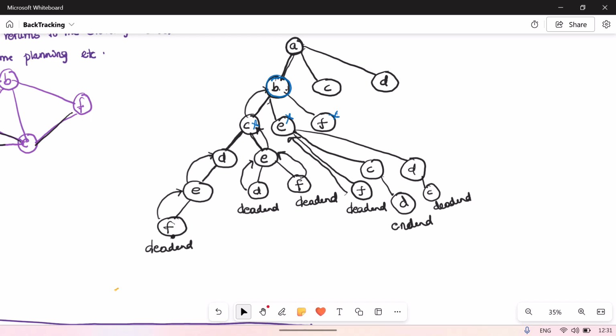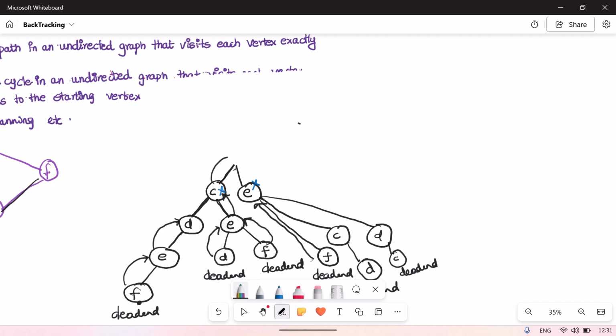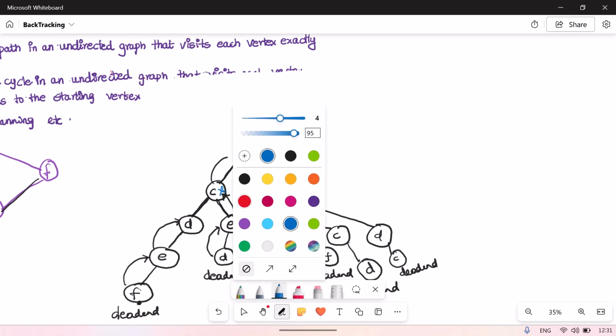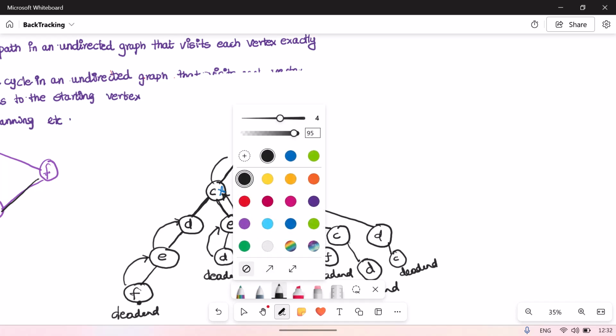Okay. So from F, I will try to erase it so that I have enough space for it. Okay.